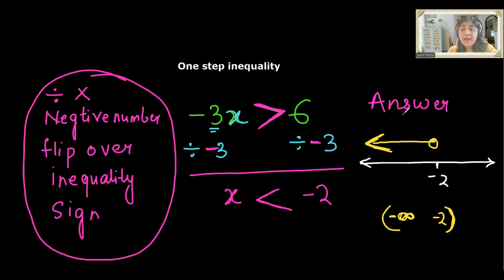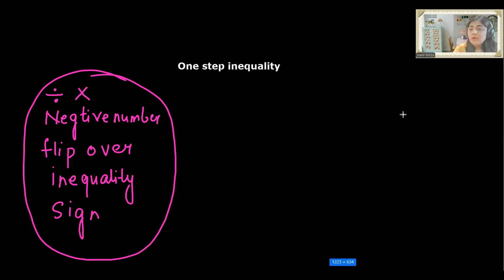So just this last rule, don't forget. I will take one last question so that it will be more clear. So let's say x divided by minus 2 is less than 5.